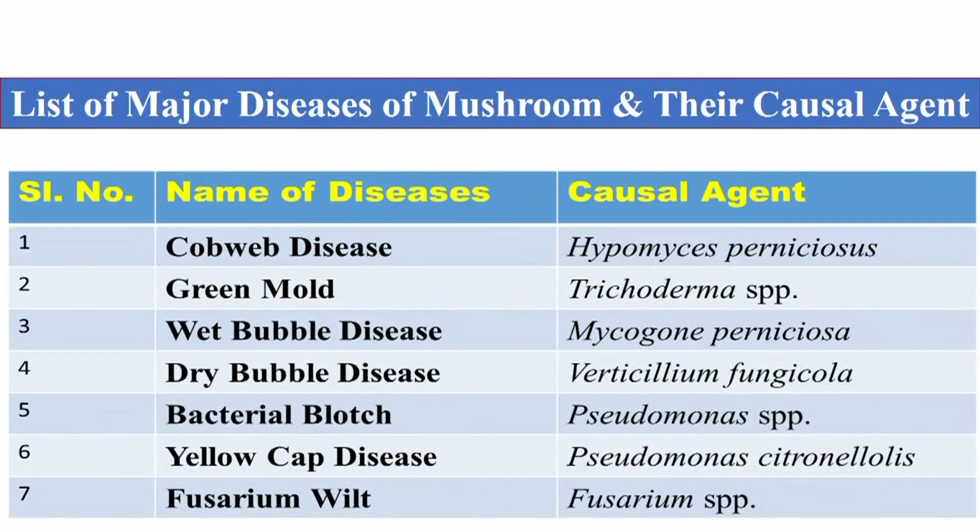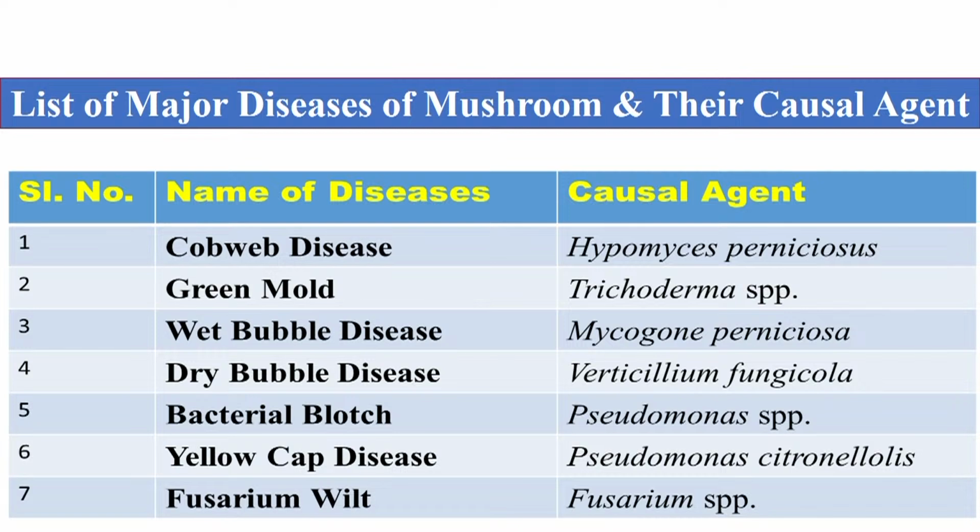Dear learners, this is the list of mushroom diseases and their causal agents. First is cobweb disease, caused by Hypomyces species. Green mold disease is caused by Trichoderma species.